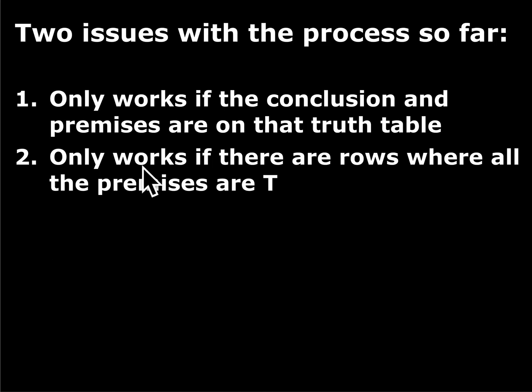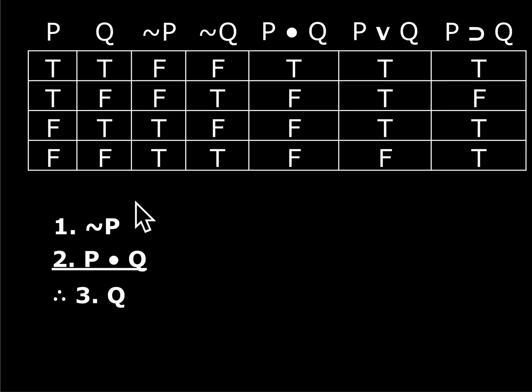The second limitation is the way we formulated the test requires that there are some rows where the premises are all true. But look at this argument. Premise 1, not P. Premise 2, P and Q, therefore 3, Q. Well, the test was, step 1, find all of the rows where the premises are all true. Well, let's try to do that.